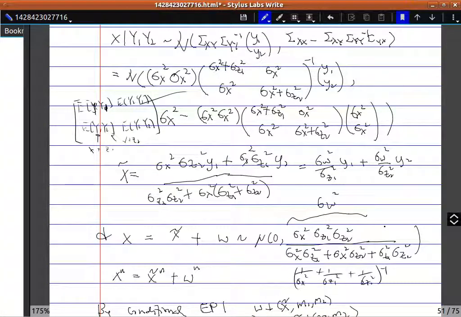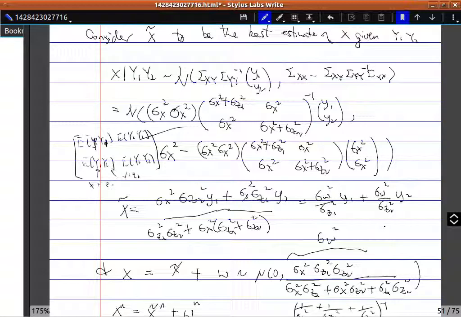Also the best estimate of x given y1, y2 will be basically the mean of the conditional random variable x given y1, y2. That's equal to sigma xy times sigma y inverse times y1 and y2. If we multiply this out, it's equal to sigma w squared over sigma c1 squared times y1 plus sigma w squared over sigma c2 squared times y2.